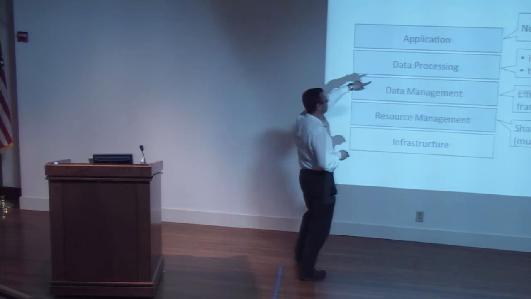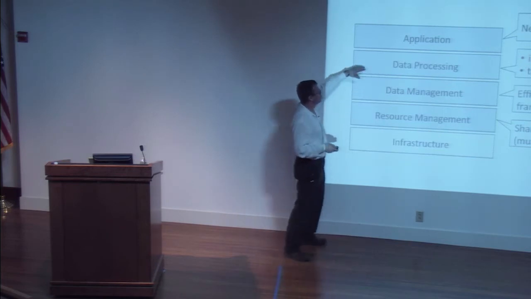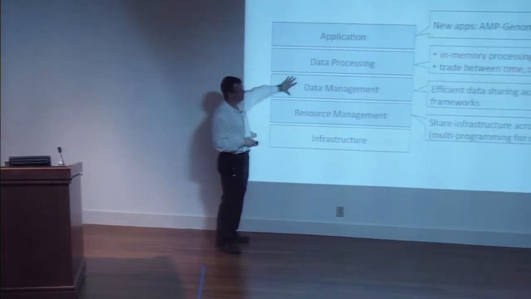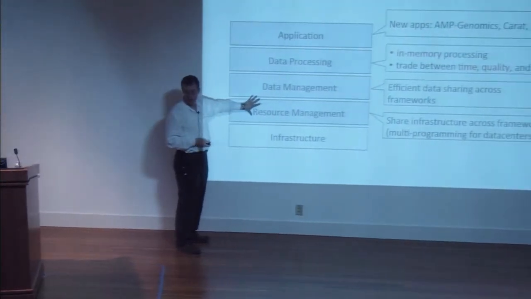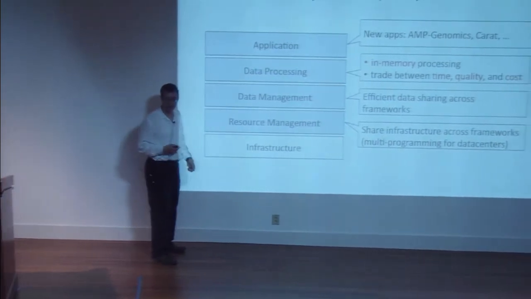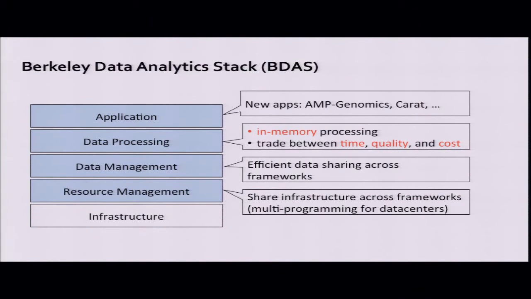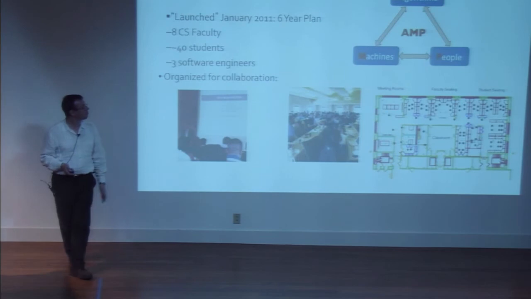And the reason we look at applications is to make sure that they drive the design and the development of the lower layers, having real applications rather than what we believe the applications could be. So in the rest of the talk, I'm going to focus only on these middle three layers: resource management, data management, and data processing layers.